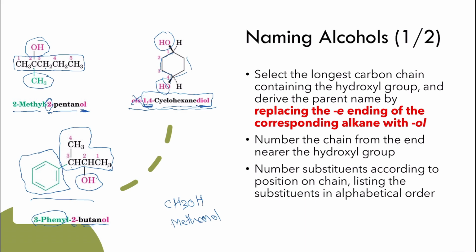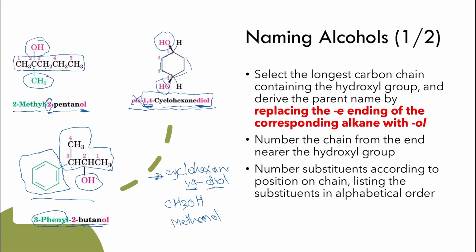So although one of these two OH groups is on carbon number 1, we're still going to say 1 for cyclohexane diol. You can also put this number before the diol. So for example, you can say cyclohexane and then 1,4-diol. It's the same. Either you put it in the beginning or just before the diol. They are all exactly the same.